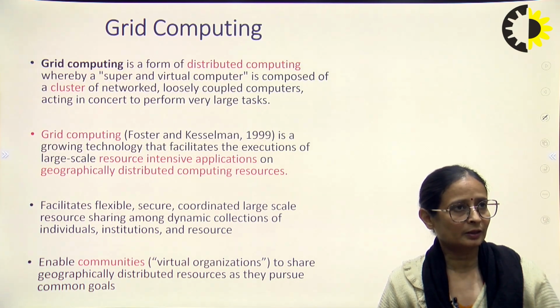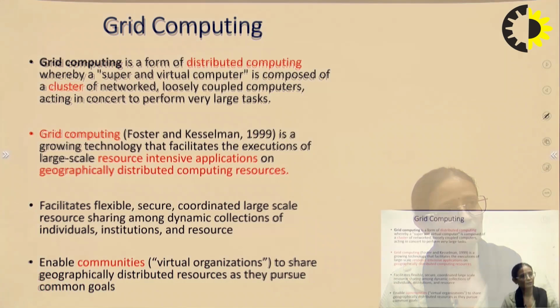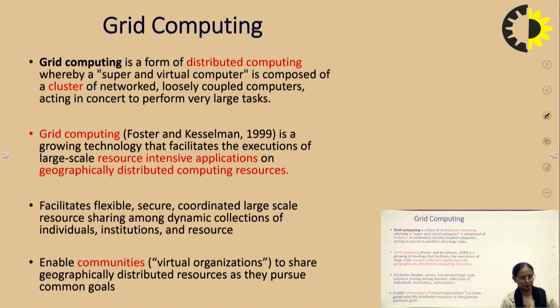When we say grid computing, it is a type of distributed computing. We have seen in unit 1 what is distributed computing. So grid computing, you could say, is a branch of distributed computing where we are using super and virtual computers and we are making a cluster of them, a network of those computers.